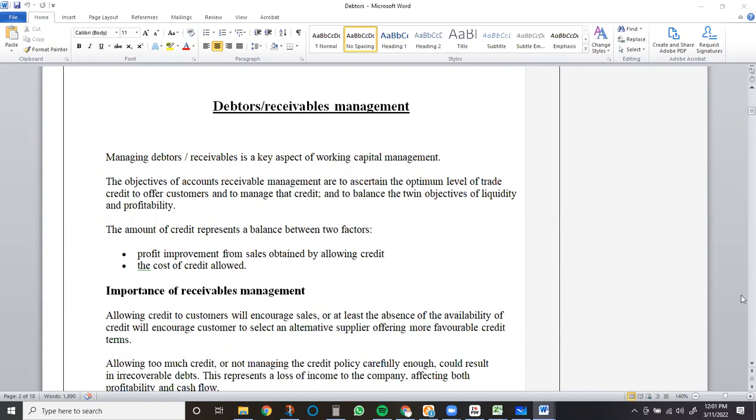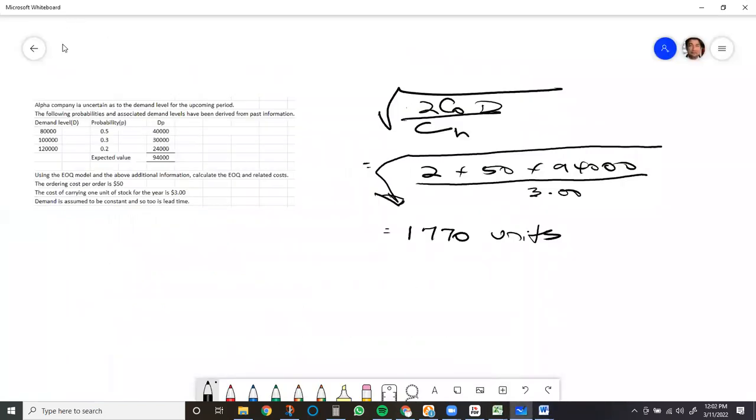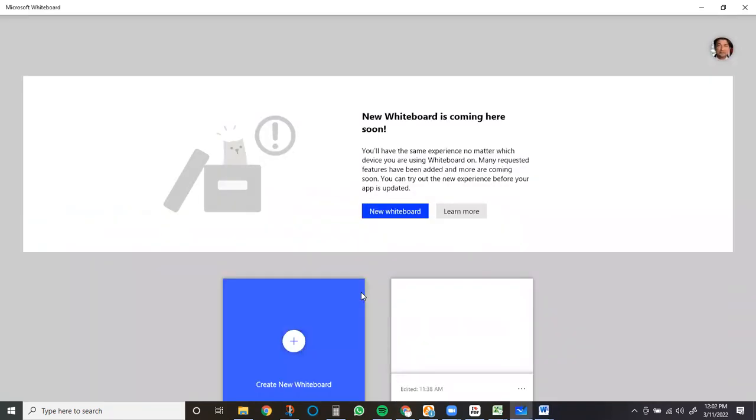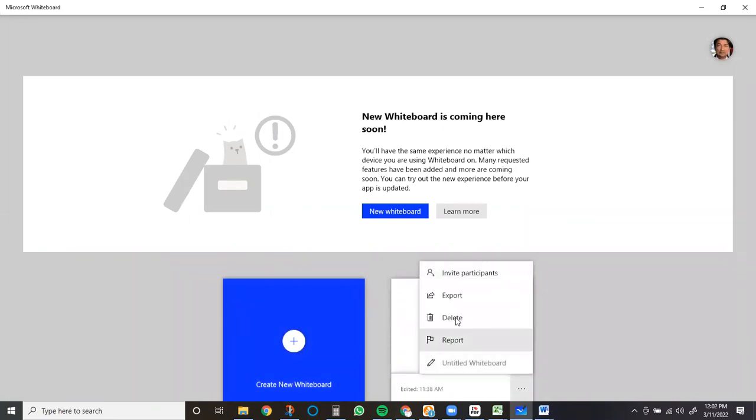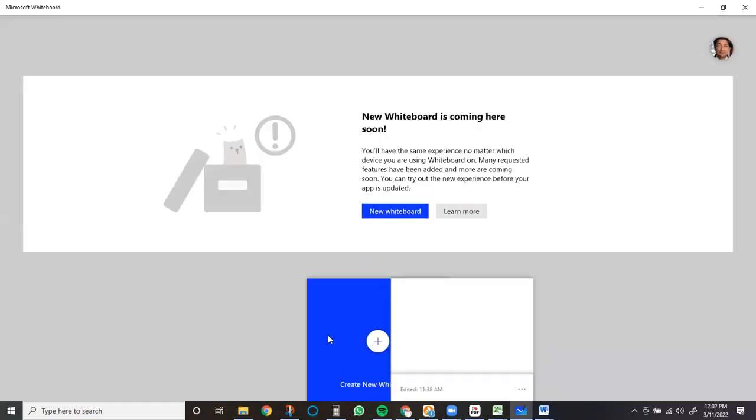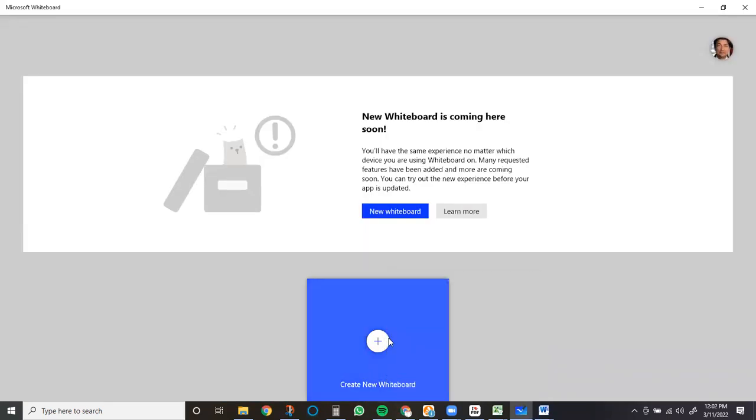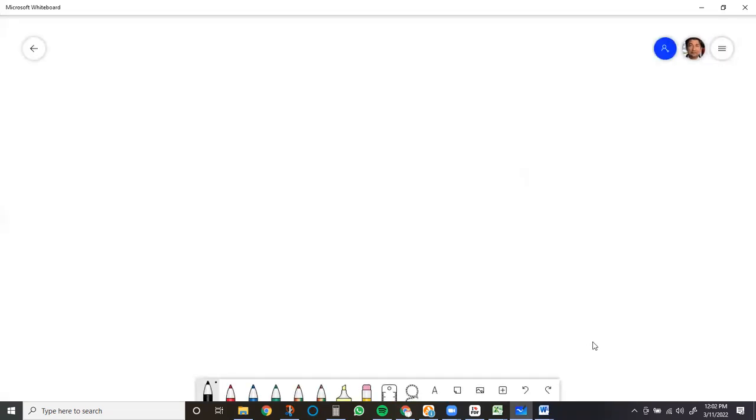Now, the question is though, with receivables management, what does liquidity and profitability mean? I mean, students often relate to the twin concepts of profitability and liquidity with cash. Say, well, we can understand that. But how does that relate to debtors? Okay, let me just show you something here.